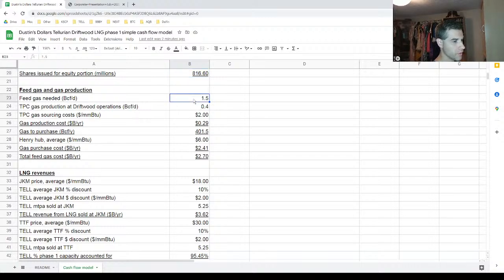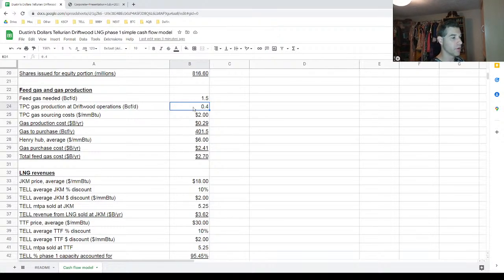And so, this is just how much feed gas are they going to need for Driftwood LNG Phase 1. I put in a number here for how much I think Tellurian production, I think TPC is Tellurian Production Corporation, maybe I got that wrong, but it's the arm of the company that is actually producing gas.